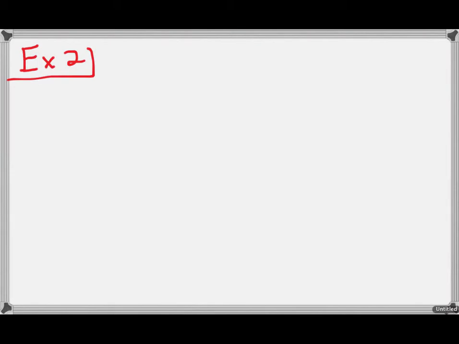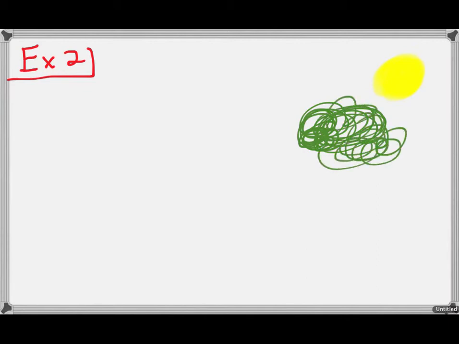Let's say this is like an application problem. I'll draw a little sun out here. Yay, a sun. And I'm going to draw a tree. I'm doing this backwards. I'm going to draw the leaves first. It's not going to be pretty.